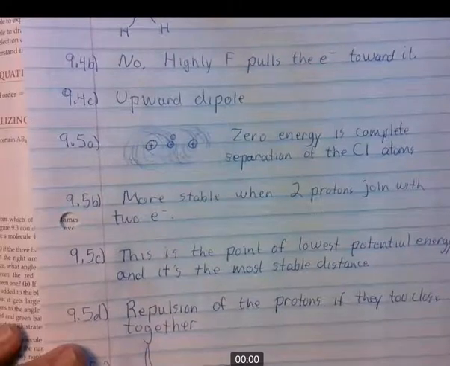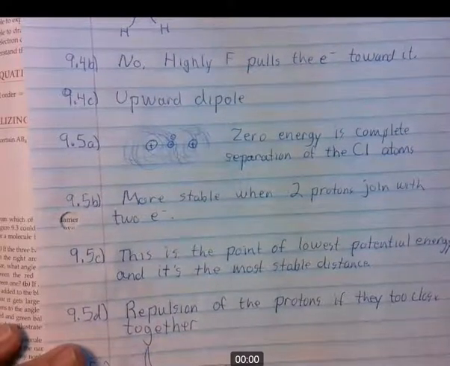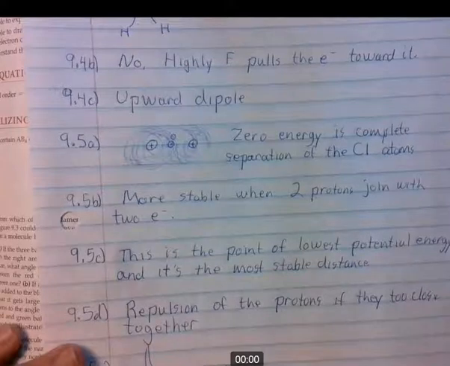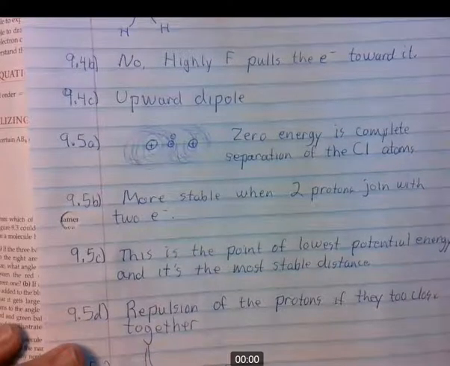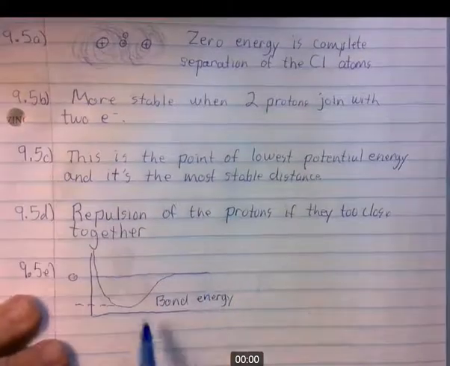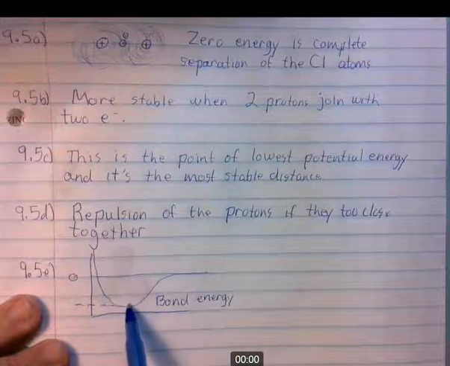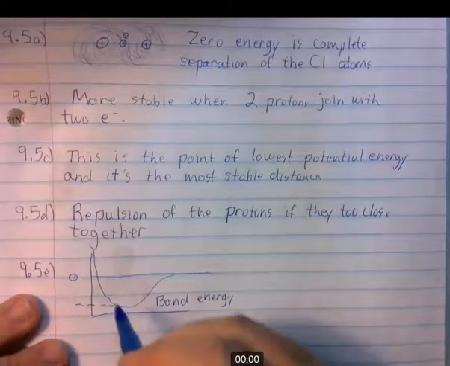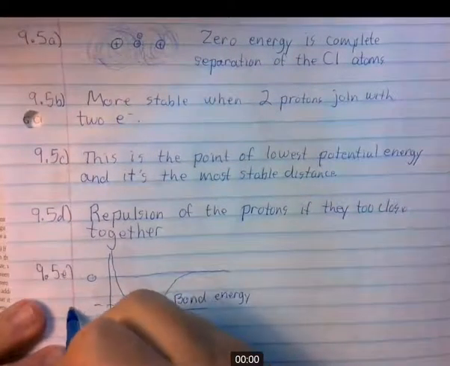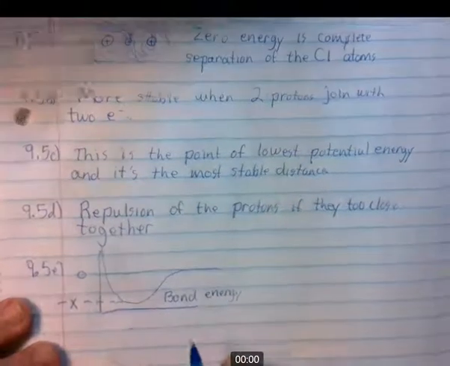So this level right here is the bond energy. Remember, it's a negative number. This is 0, and this is the bond energy down here. So let's just say that this number is negative x.